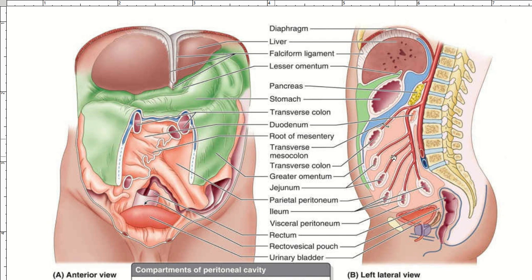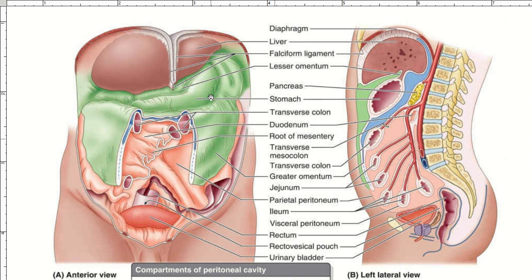That suspends the small intestines, jejunum, ileum, is going to be called your mesentery proper. So a mesentery is just a double layer of peritoneum that gives a passage for the neurovascular structures from the posterior abdominal wall to your visceral organs. You understand? Good. So let's take a look at the ventral mesentery.